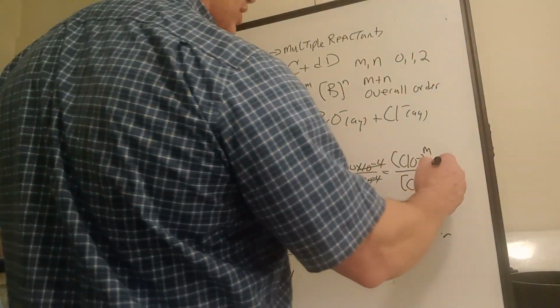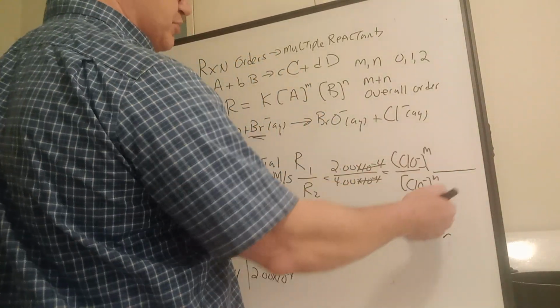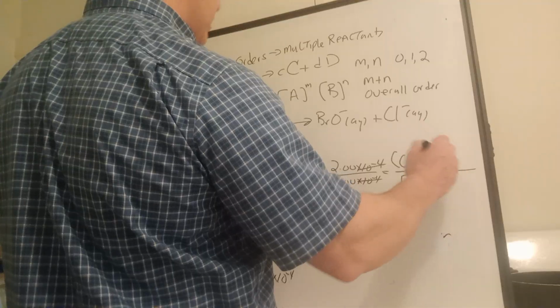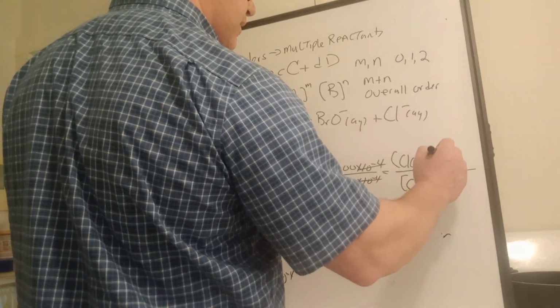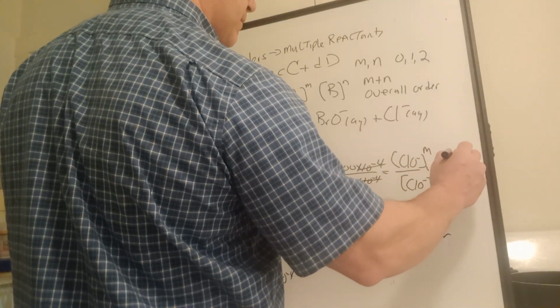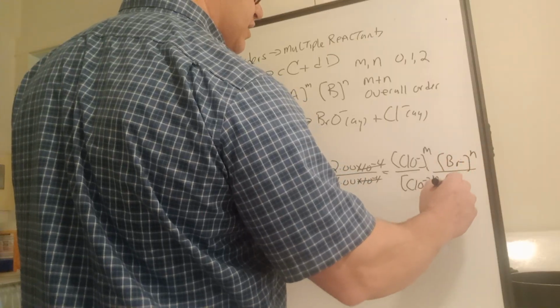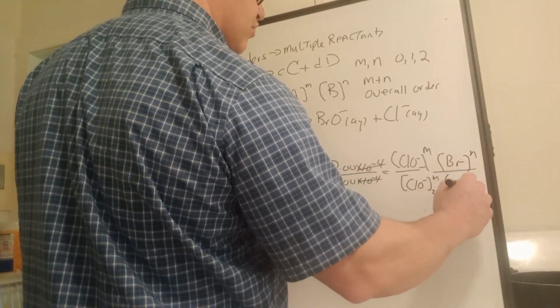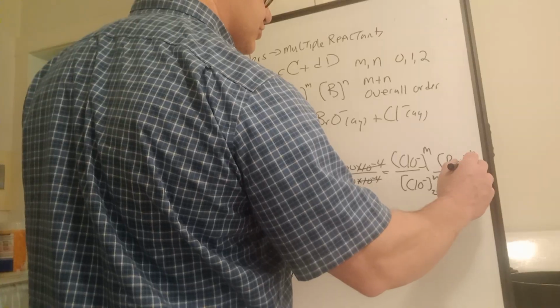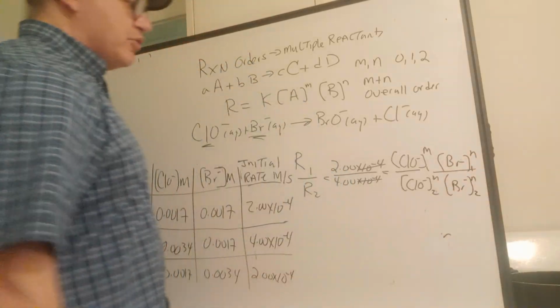And then we'll also have a multiplicative ratio for the Br minus raised to the N, for trial 1 and trial 2. So we have that form.